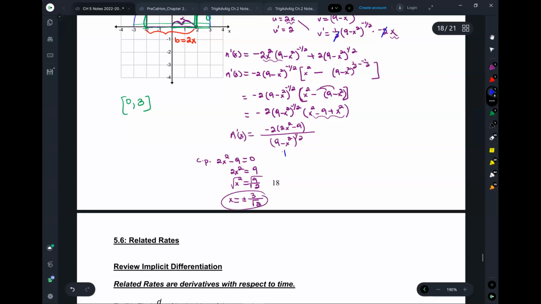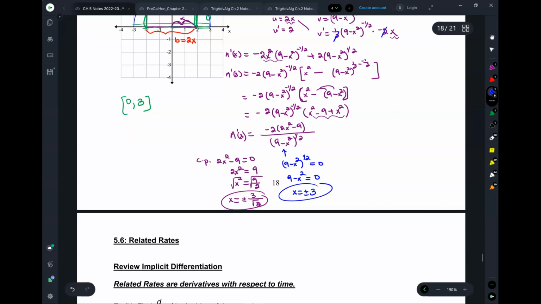From the denominator, 9 minus x squared to the half is 0. 9 minus x squared is 0. So x is plus or minus root 3. I'm sorry, plus or minus 3.